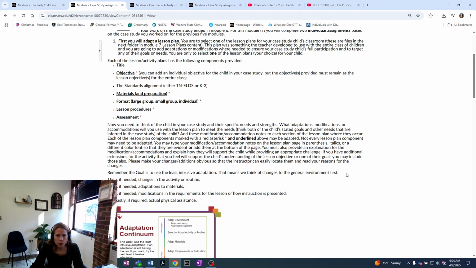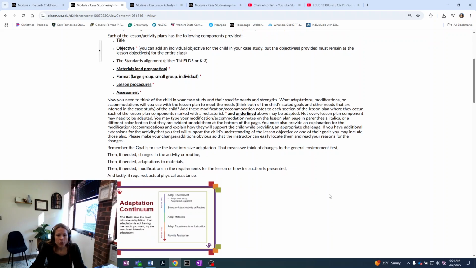Now, at the bottom of the lesson plan, I said, is where you're going to make your justifications. You will tell me why you think that those need to be changed, right? How is it going to support the child's objective? Okay, so remember, you are going to do the least intrusive adaptation, which means that first we change the environment, then if that doesn't work, we change the activity or routine, then if we need to, we change the materials.